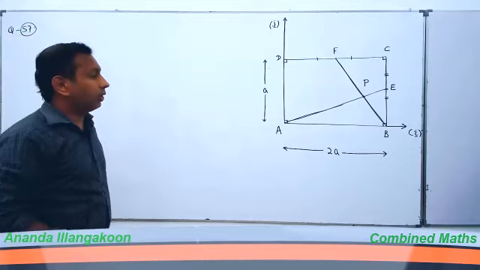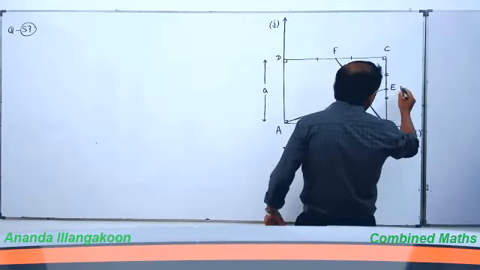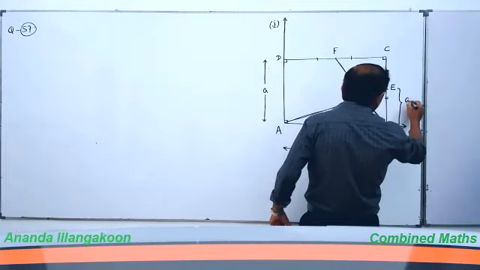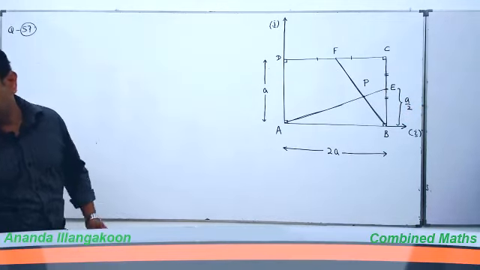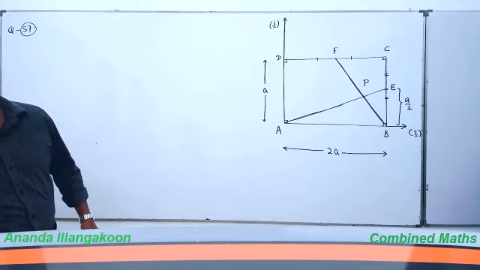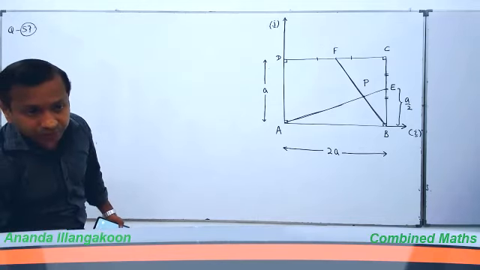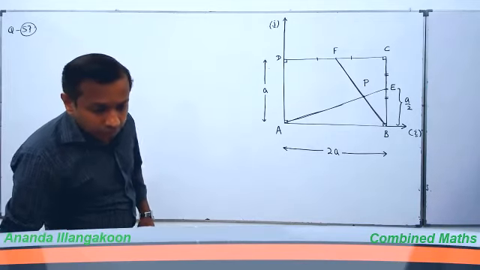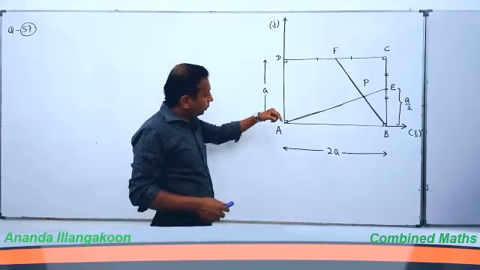People, how to write this BE vector? This length is A by 2. This length is A by 2. Now, people, this BE is A by 2.